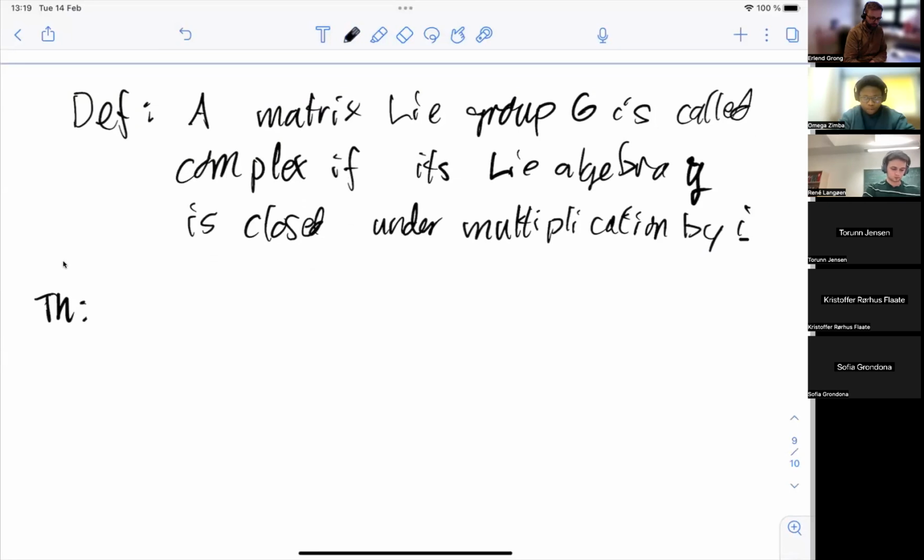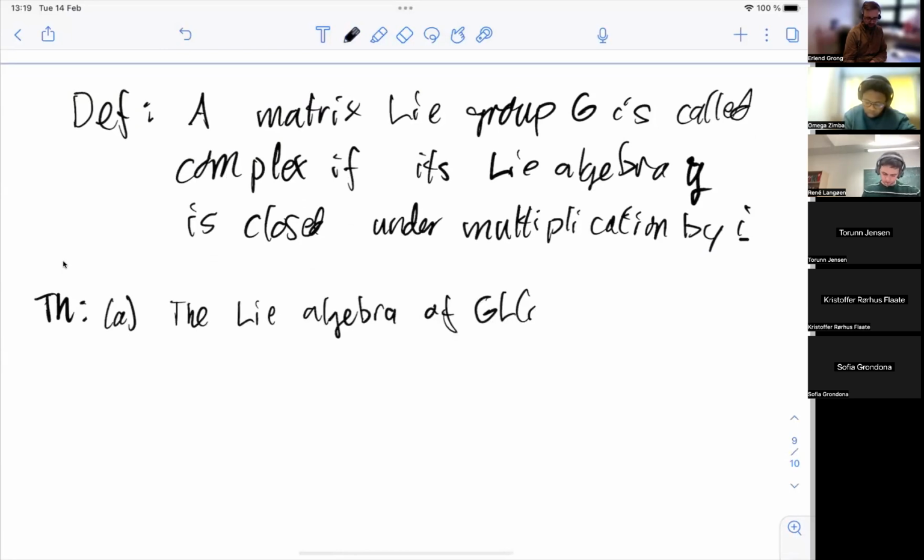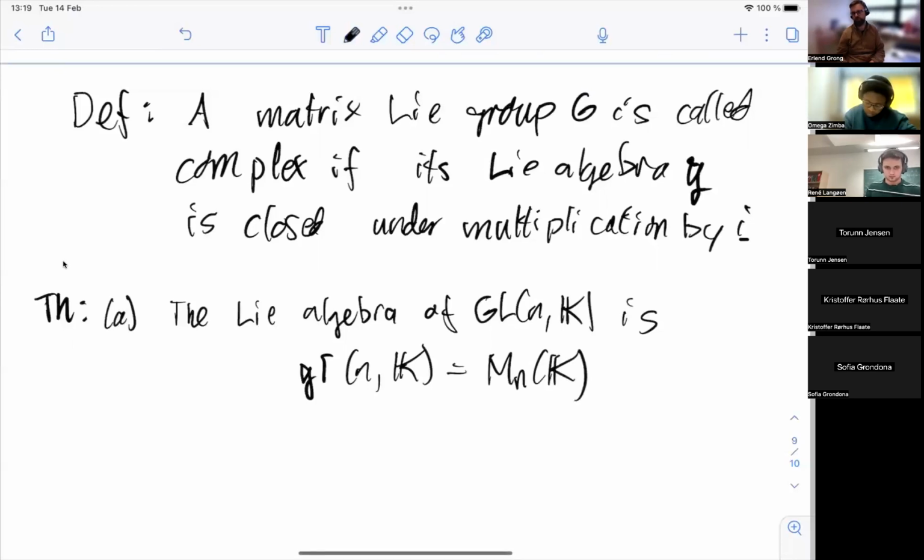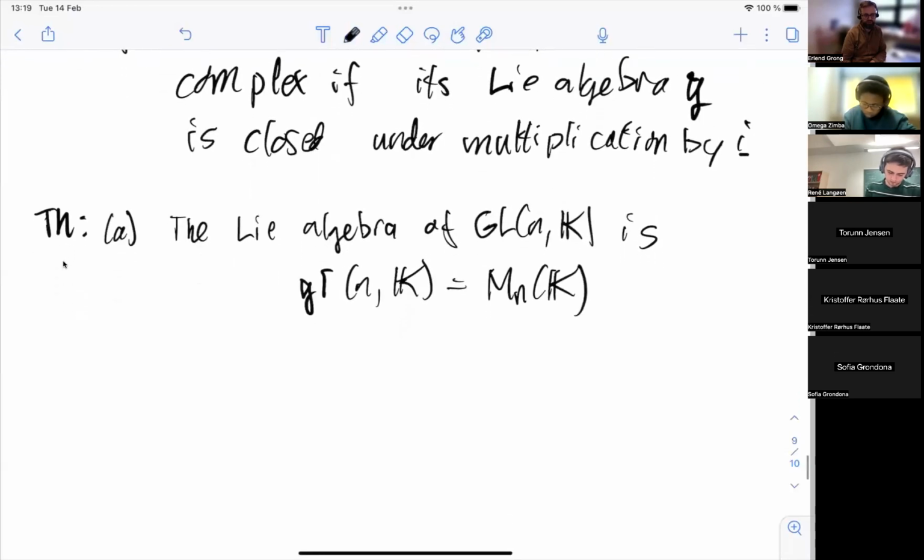So let's start with what the Lie algebras of the different Lie groups that we've seen so far are. The Lie algebra of GL(n, K) is then, of course, called small g l n K, and it will consist of all n times n matrices. So all matrices are in the Lie algebra of the general linear group.